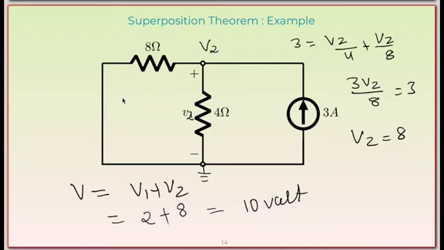So we know that the contribution due to this voltage source is 2 volt, and the contribution due to this 3 ampere current source in this 4 ohm resistor is 8 volts. So total is 10 volt. Now we know which one is the dominating source here, isn't it? These are the things that we get to know when we apply the superposition theorem.